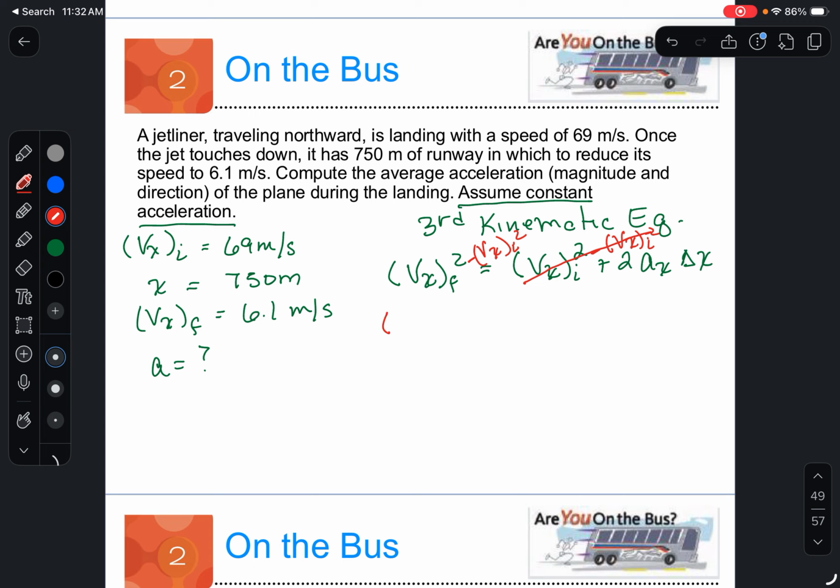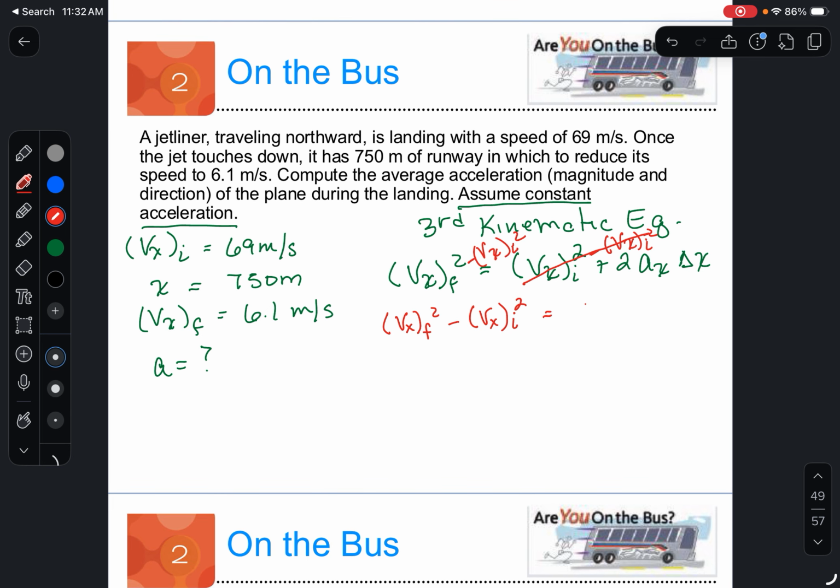So we have Vx final squared minus Vx initial squared equals 2ax delta x. And now we're going to divide both sides by 2 delta x.